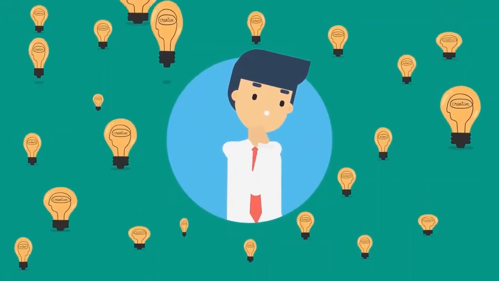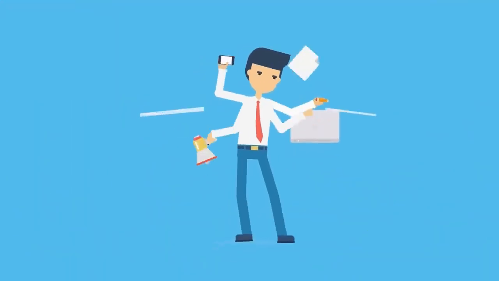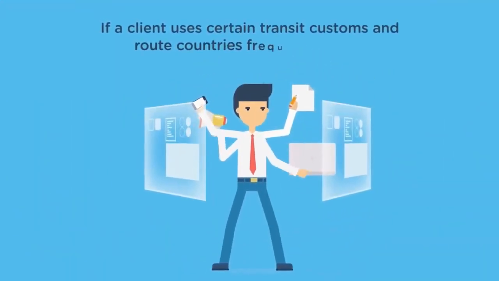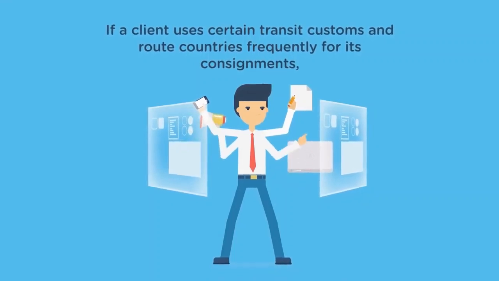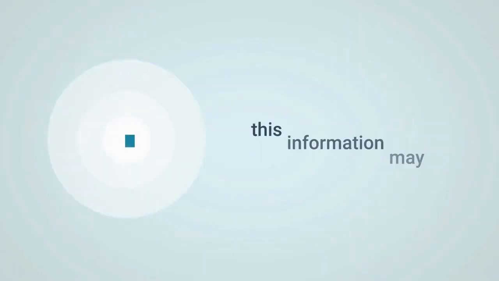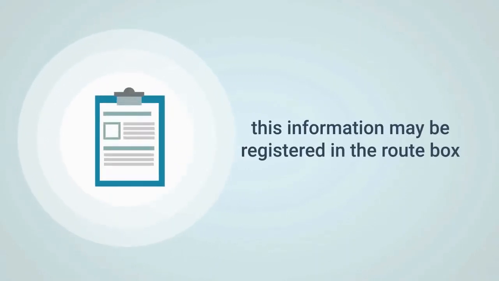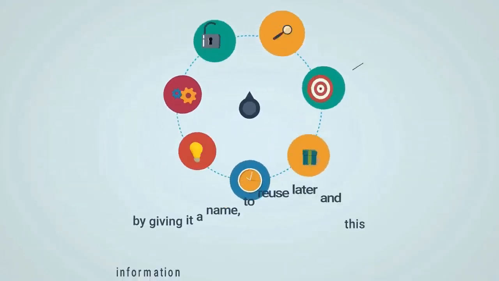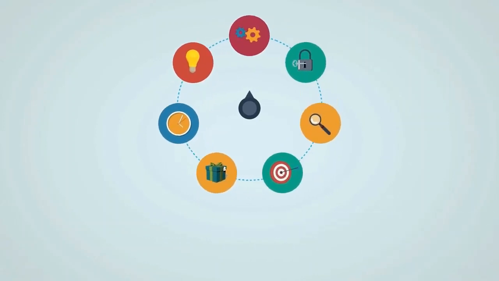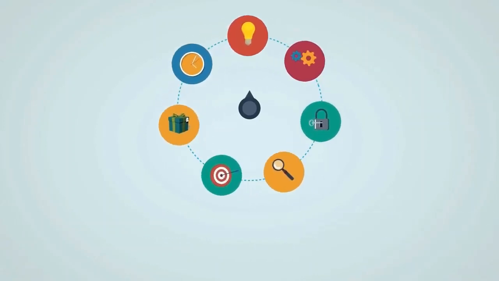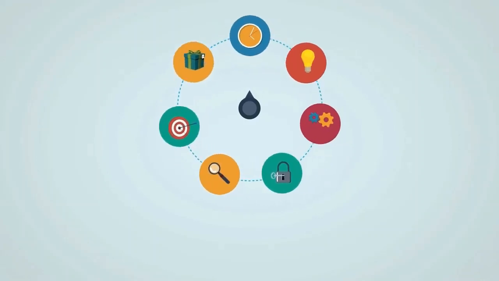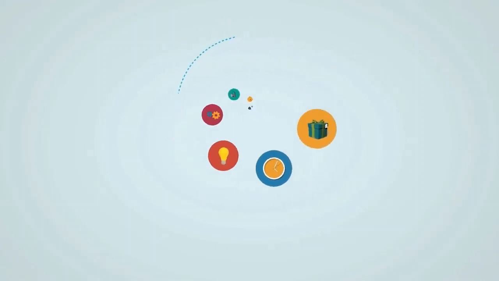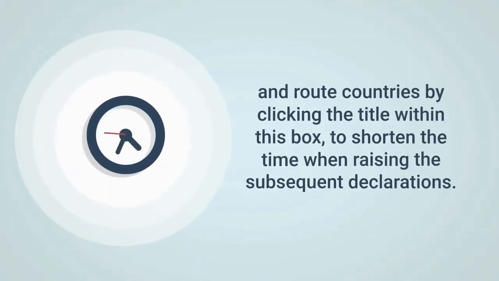If a client uses certain transit customs and route countries frequently for its consignments, this information may be registered in the route box by giving it a name, to reuse later. This information can be brought automatically to the boxes of transit customs and route countries by clicking the title within this box, to shorten the time when raising subsequent declarations.